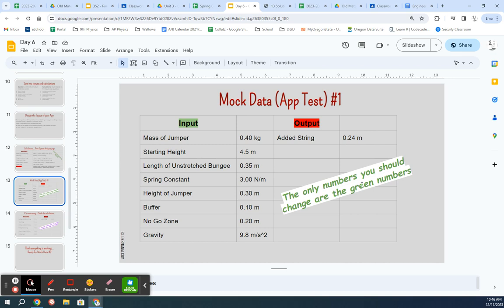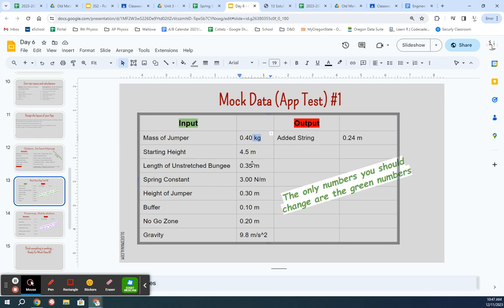The only numbers that you should change are going to be these inputs, right? Go ahead and put these inputs in. And when you're putting them in, don't put the letters. Don't put the units, because then your program won't know how to calculate things. Only put the numbers.